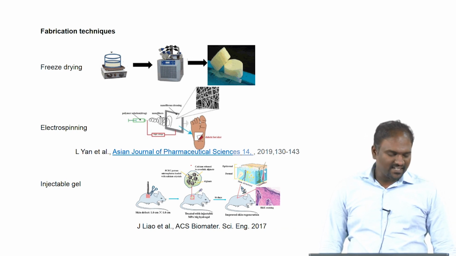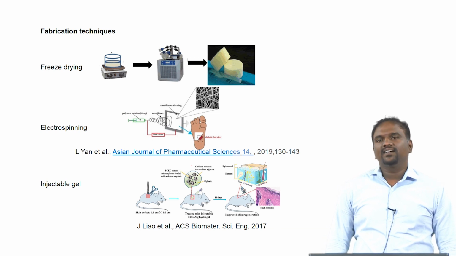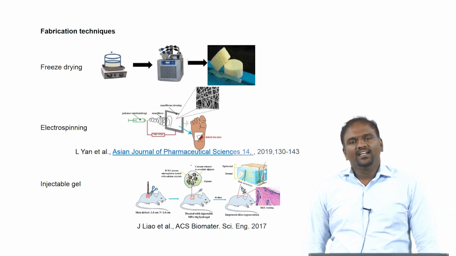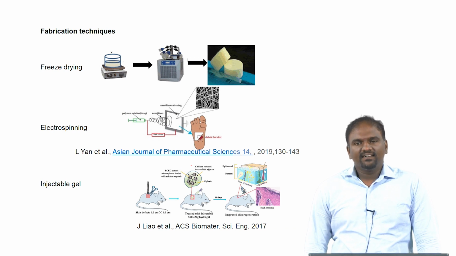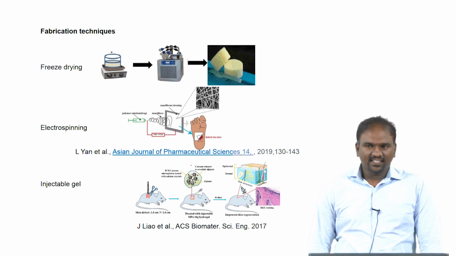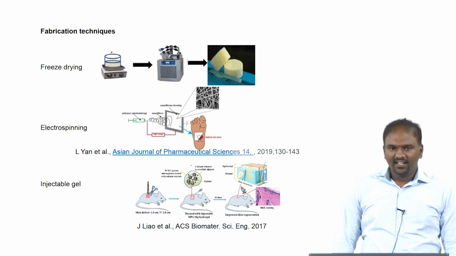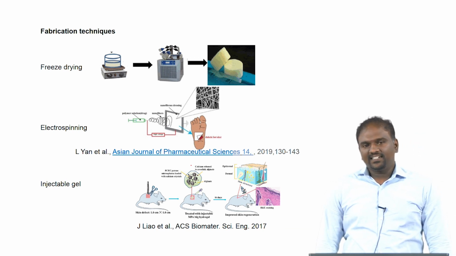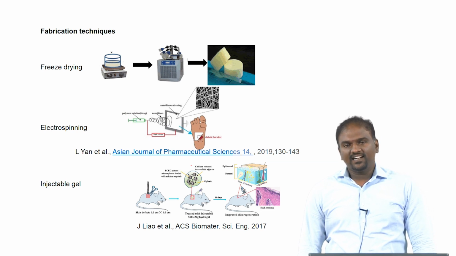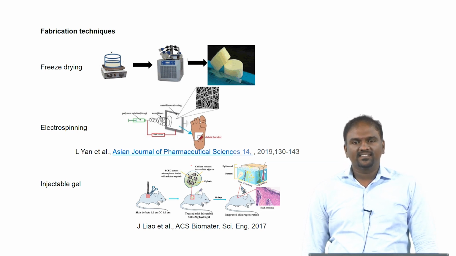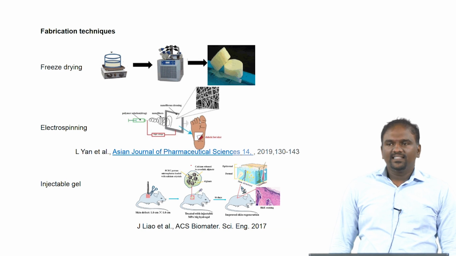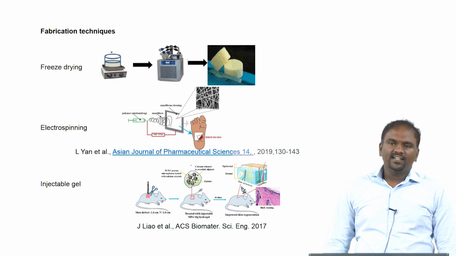and that can also be used as a skin graft. Now the injectable gel, outside of the physiological environment, will be in the sol form. When it is injected into the physiological environment, it will form the gel. The advantage of the injectable gel over freeze dried scaffolds and electrospinning based scaffolds is that it automatically fills the wound bed.